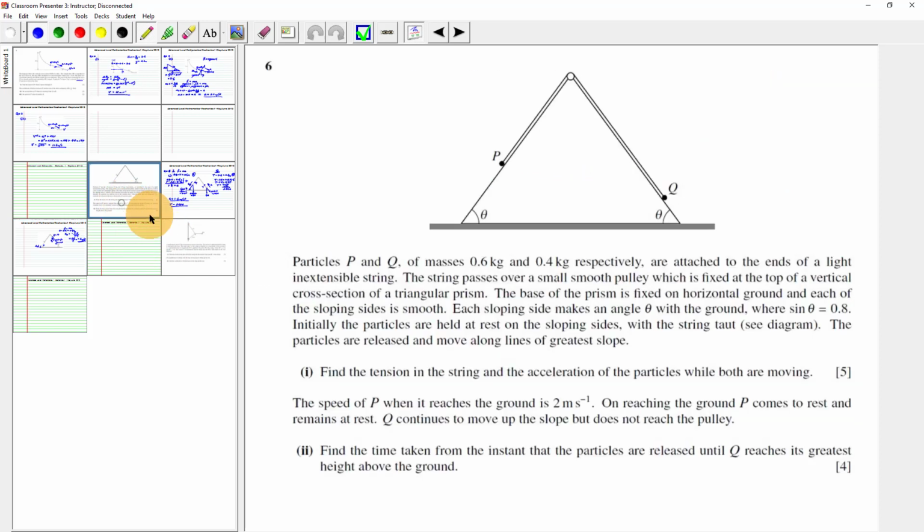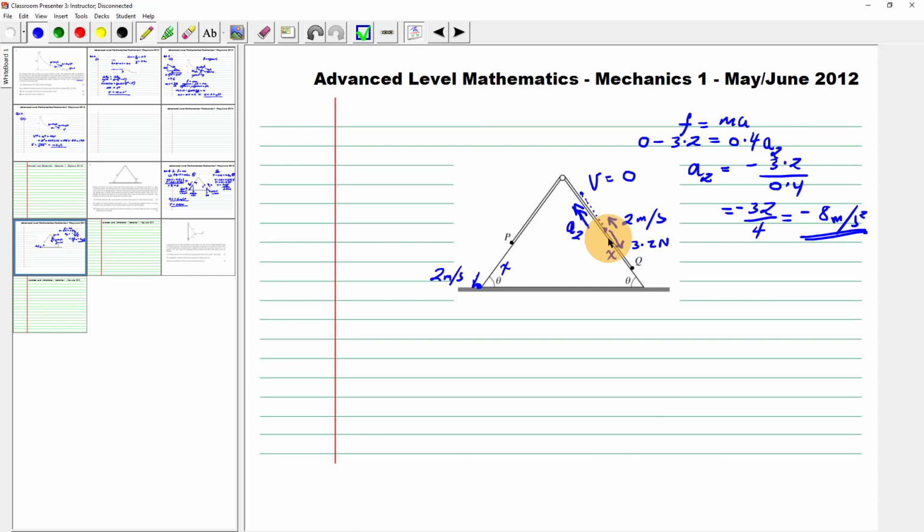So let me again find the time taken from the instant that the particles are released until Q reaches its greatest height above the ground. There are two values of T that we are supposed to work out. The first T is to work out the time it moves from when it is released from this point all the way to this point when the string becomes slack.